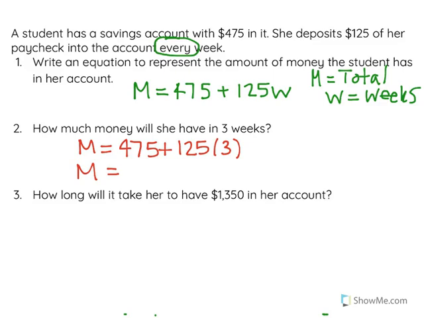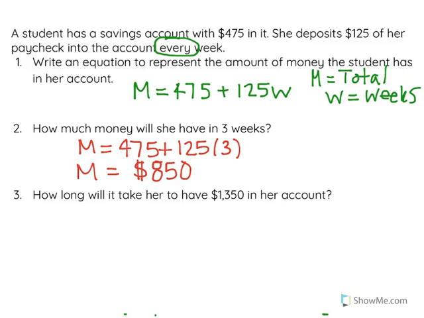And when I do that, I get $850. So since we're asking for 3 weeks, we wanted to plug in 3 for the weeks variable, which is W. So in 3 weeks, she'll have $850.